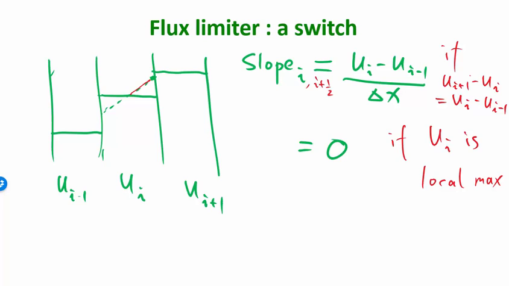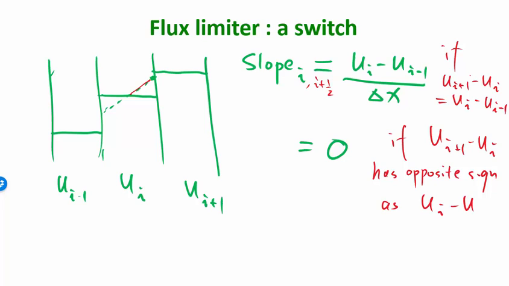Okay. And this, if u_i is a local maximum or minimum, means if u_{i+1} minus u_i has opposite sign as u_i minus u_{i-1}. All right, these are two extreme cases. One extreme case is that the two deltas are of the same sign and exactly equal, the same slope.